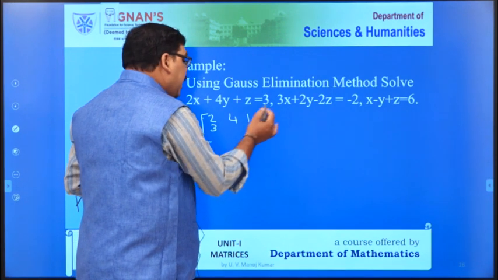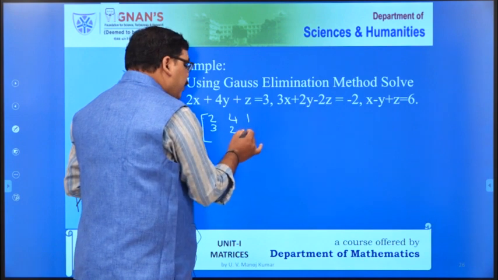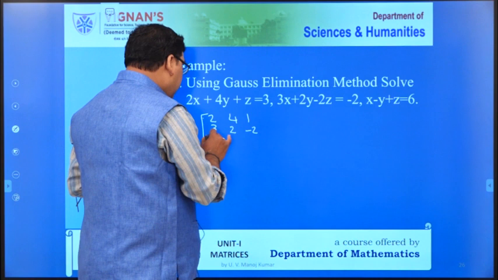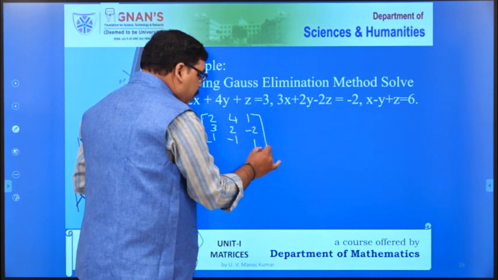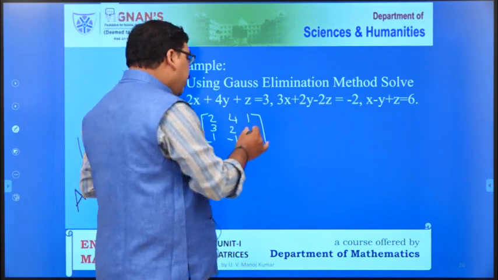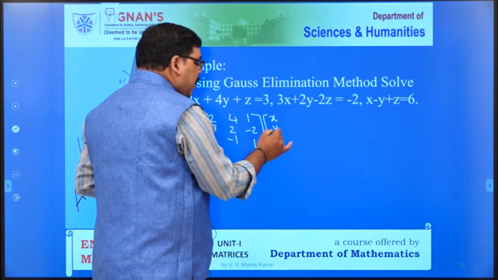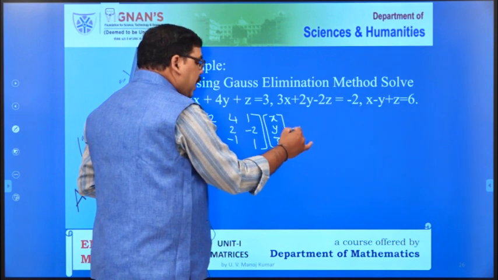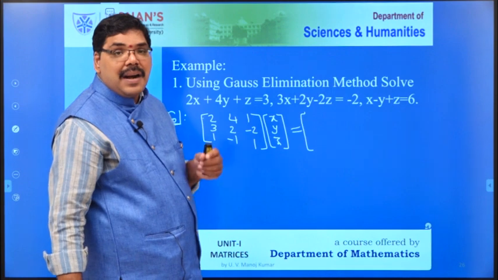What are the coefficients here? 3, 2, minus 2. What are the coefficients in the third equation? 1, minus 1, 1. So, the coefficient matrix is completed. Next you need to write the variable matrix x, y, z, equals to, on the right hand side you have to write the constant matrix.